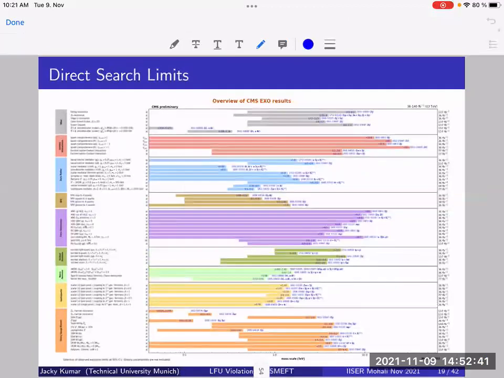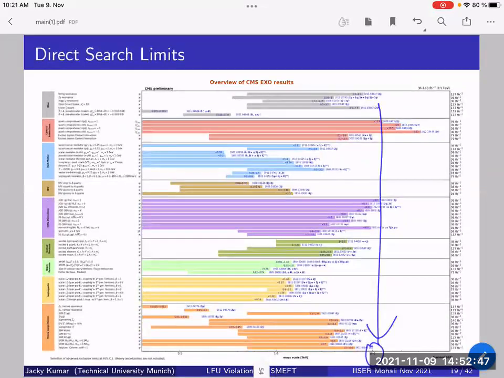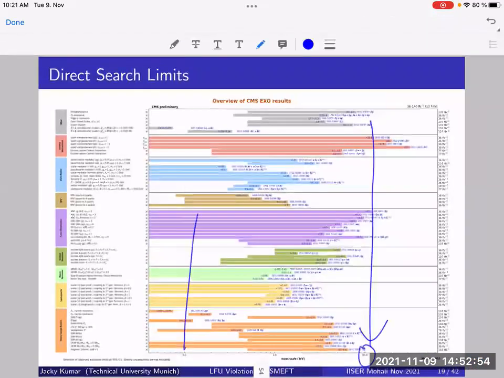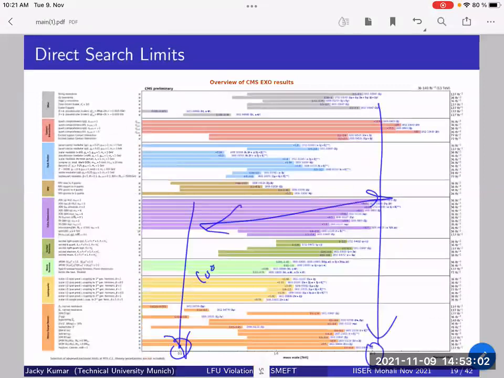As you can see, currently this is around 10 TeV. So the lower bounds are going pretty high. If you compare with the electroweak scale, which is around 100 GeV, we see there might be a scale gap. The LHC is indicating that there might be a scale gap between the electroweak scale and the new physics scale.